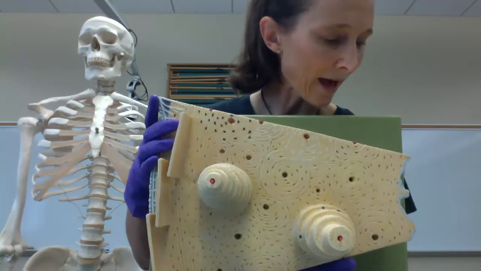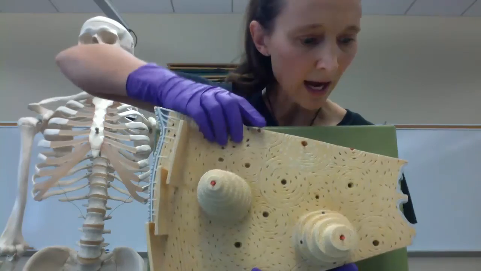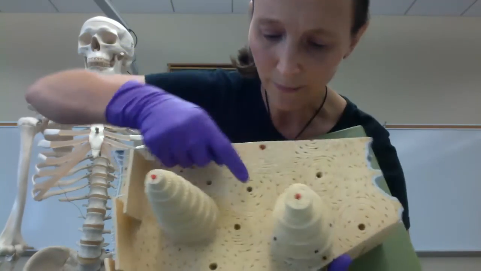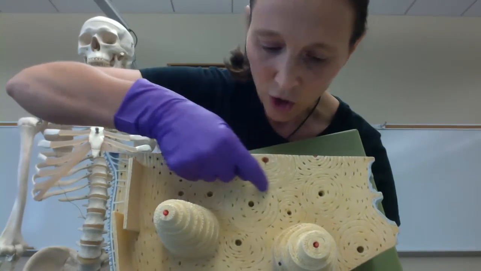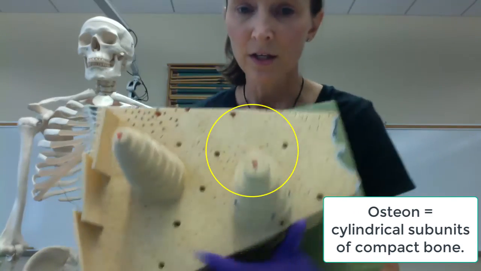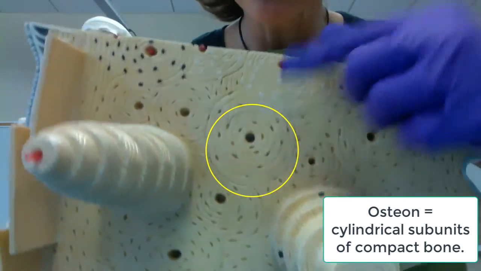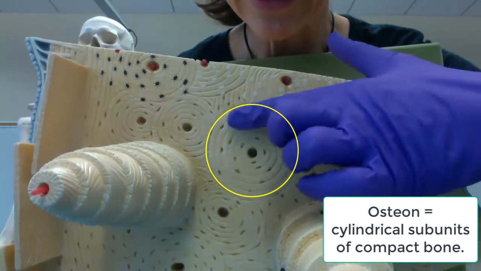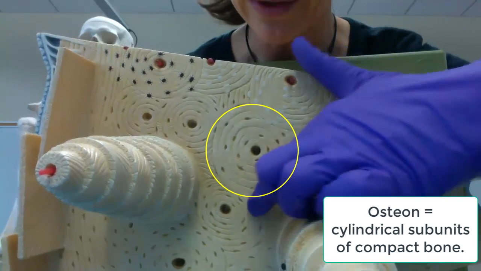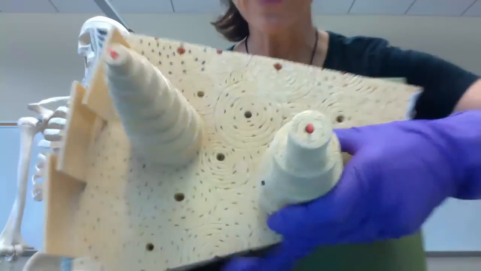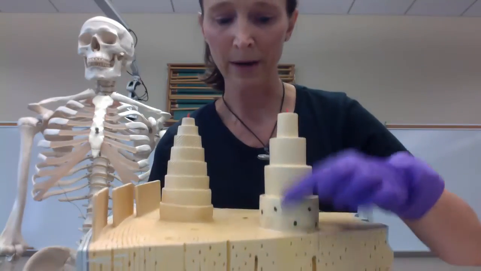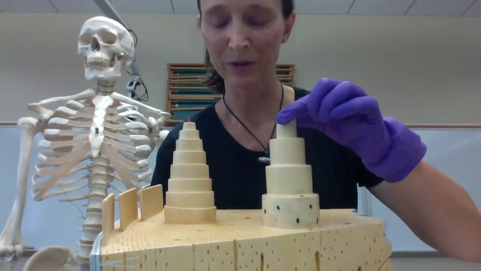And you would have all of these nice cylindrical, organized subunits called osteons. So I'm going to try to give you an up close look at this. These cylindrical units here, these round units, are called the osteons. And the nice part is they blew them up and pulled them out here so that you could see the osteons pulled up.